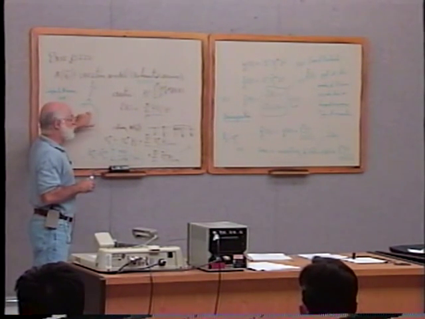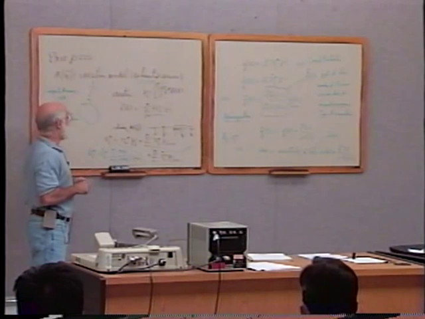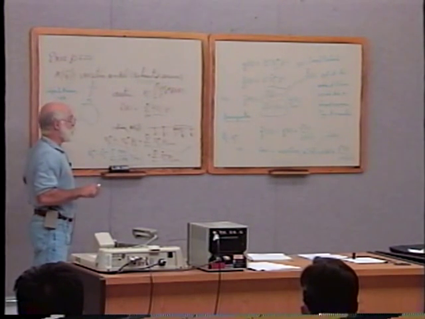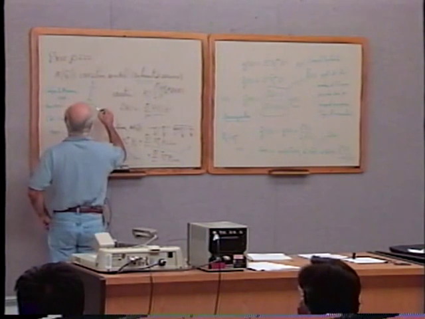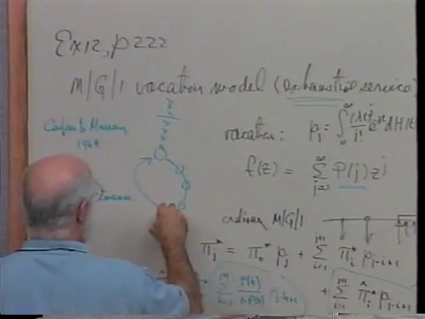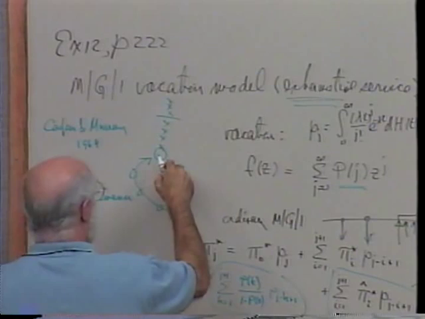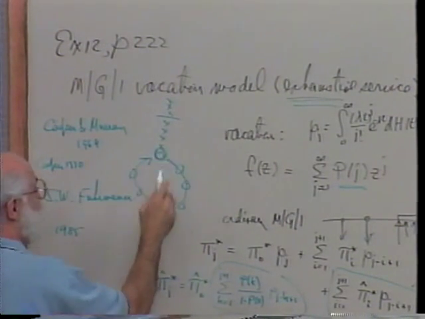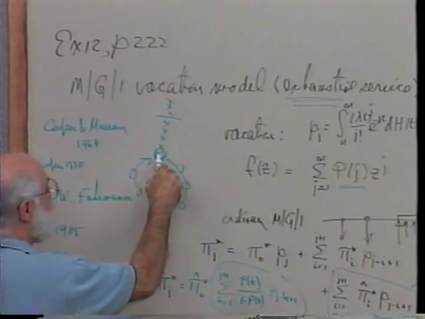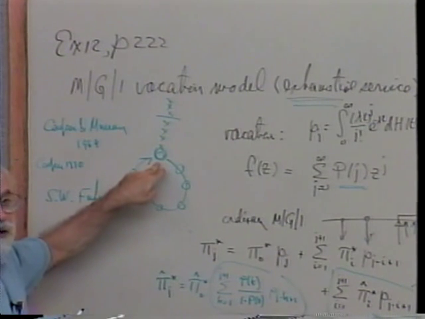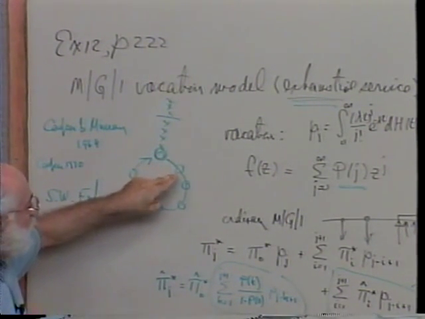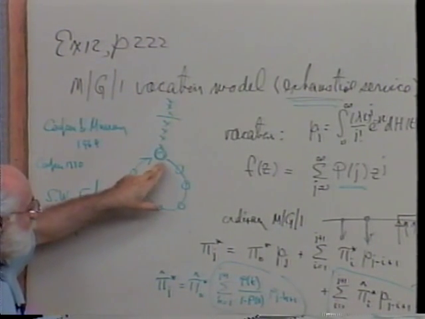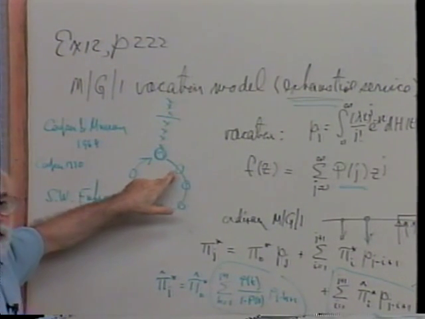And polling models all of a sudden started to get popular because they describe what happens, for example, in local area networks. In a local area network, you've got a bunch of queues. That's a polling model. When the server finishes serving a station, it passes a token. That is, it releases a signal, and the signal is grabbed by the next station in the logical sequence that has any work to be done.